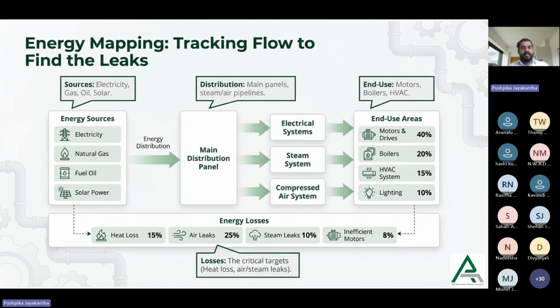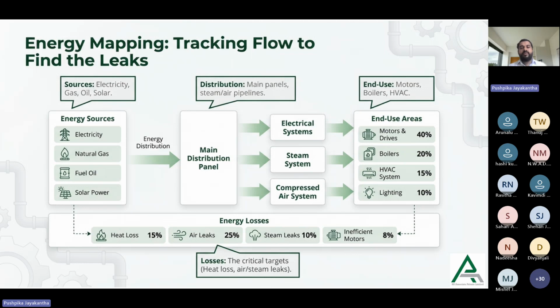The energy distribution systems then transport energy from the sources to the end use equipment, for example the electrical distribution system, steam pipeline, compressed air distribution networks, and hot water system. Energy losses often occur in distribution systems due to leaks, insulation failures, or pressure drops.